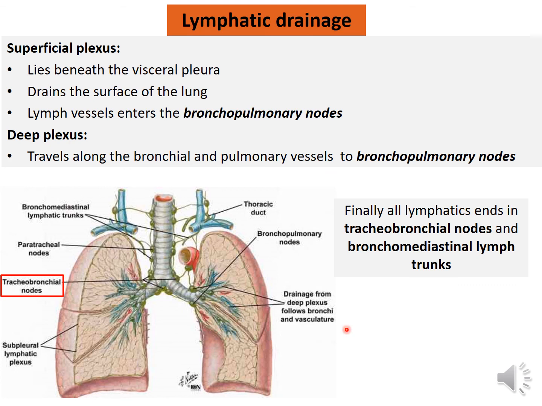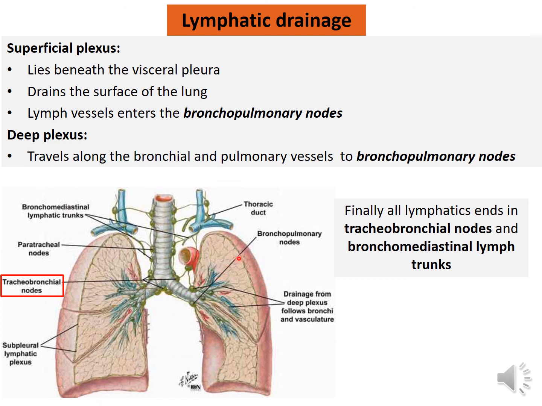Lymphatic drainage of the lung. The lymphatics of the lung are arranged into two plexuses, the superficial plexus and the deep plexus. The superficial plexus is located deep to the visceral pleura, due to which it is named the subpleural lymphatic plexus. They drain finally into the bronchopulmonary lymph nodes.